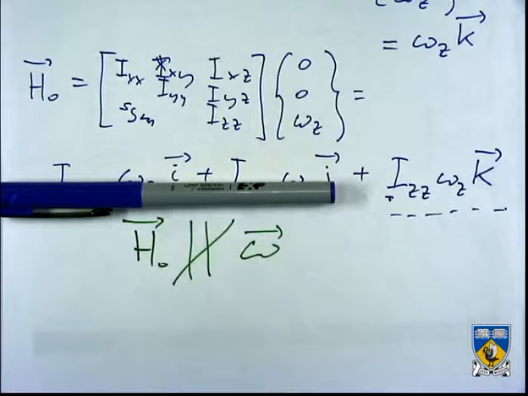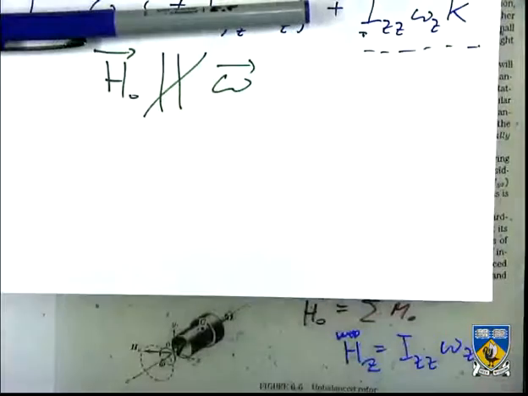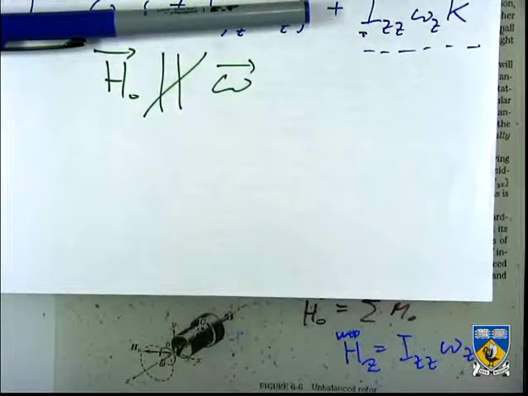Yes, please. Does this H0 formula work for rotation about a fixed point, which is known? Well, in this example, this is a turbine rotating about a fixed axis, Z, right?